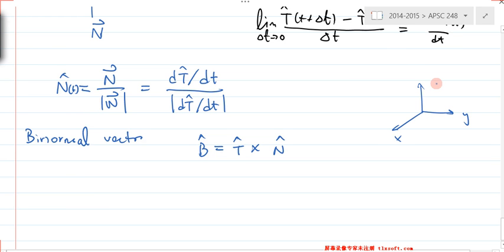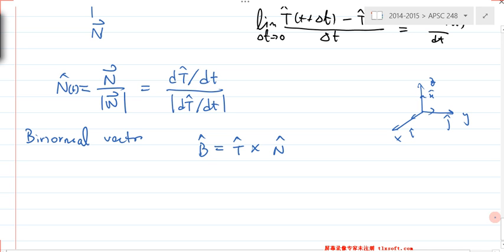We often say this is i hat, this is j hat, and this is k hat. When you construct Cartesian coordinates, it always satisfies what rule? Right hand rule. So x cross y, or i cross j, gives you k, and k cross i gives you j. So it always satisfies this right hand rule.